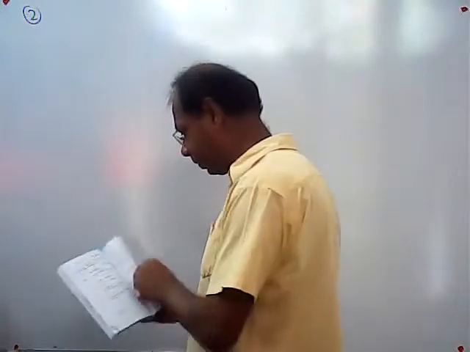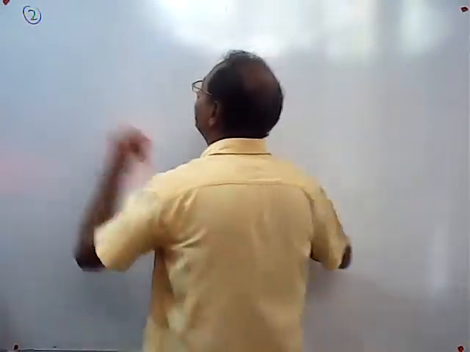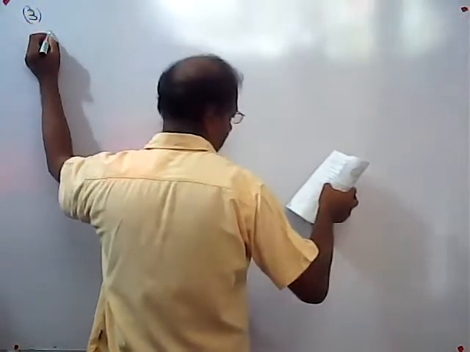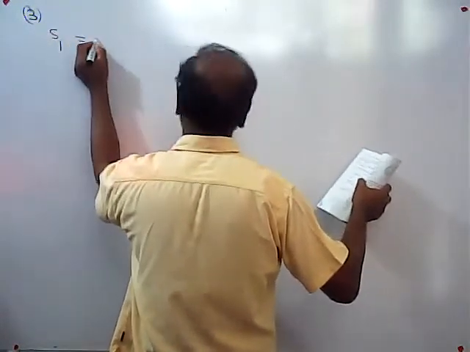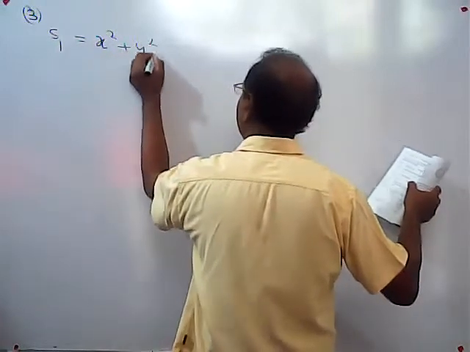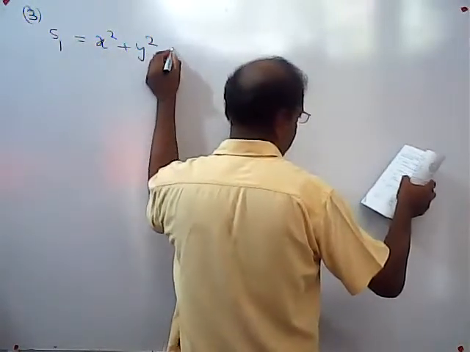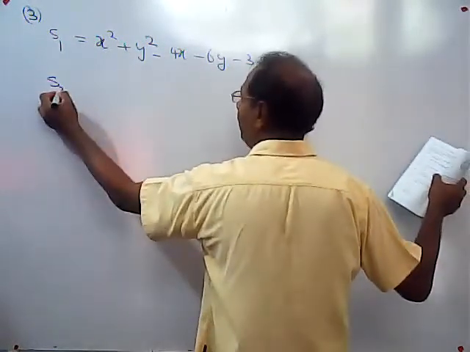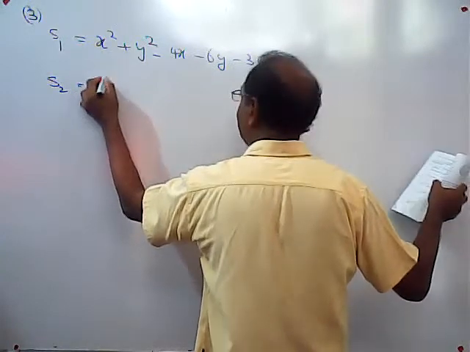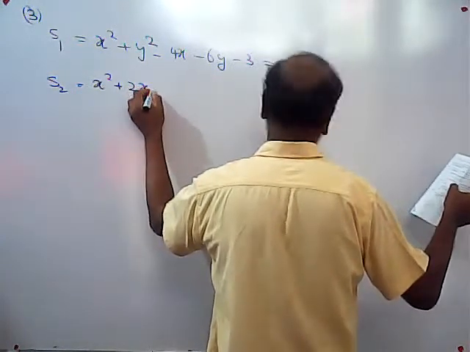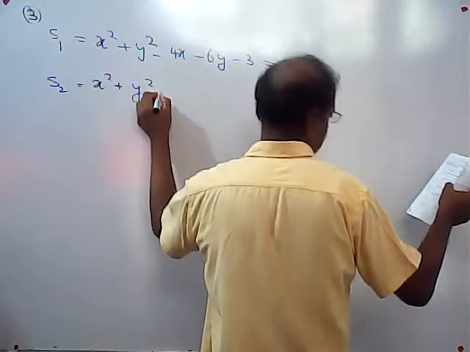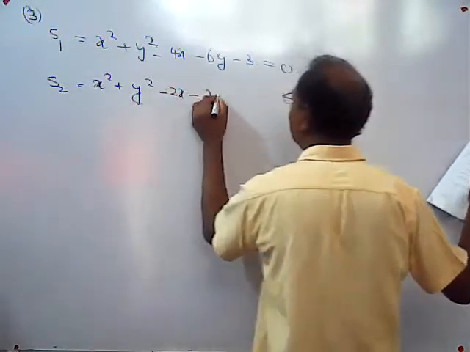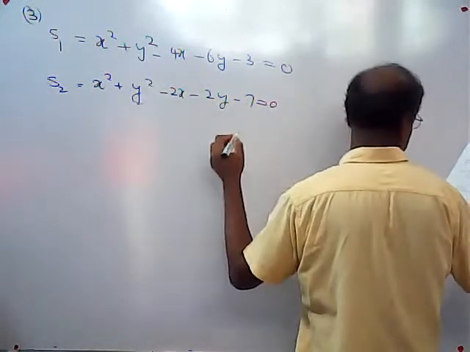In the third question, you are given two circles. Example 3. Two circles are S1: x squared plus y squared minus 4x minus 6y minus 3 equals 0, and S2: x squared plus y squared minus 2x minus 2y minus 7 equals 0.